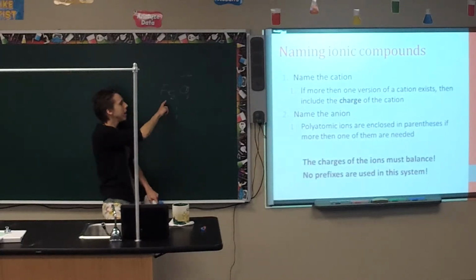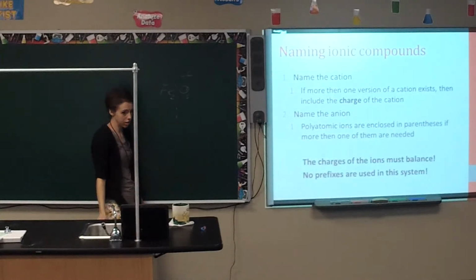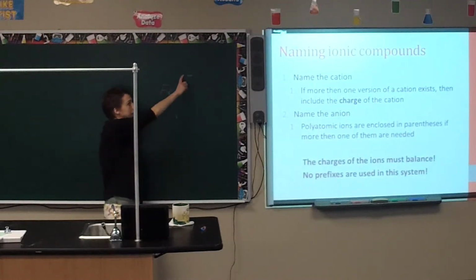So how many electrons have the irons lost, total altogether? If these have taken 6, how many do these have to lose altogether? They've taken 6. How many total electrons have been lost over here? Okay. Yes.